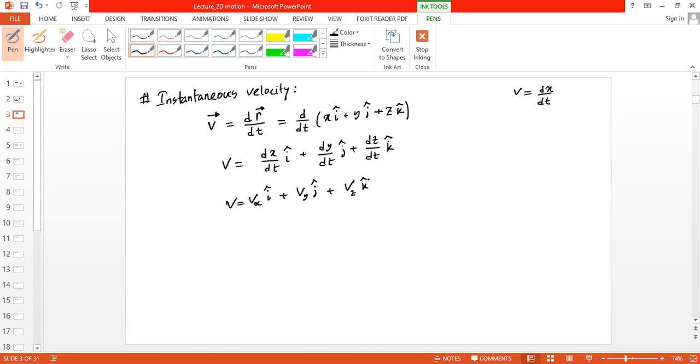Okay, so this is the velocity vector in 3D. This is an important expression.